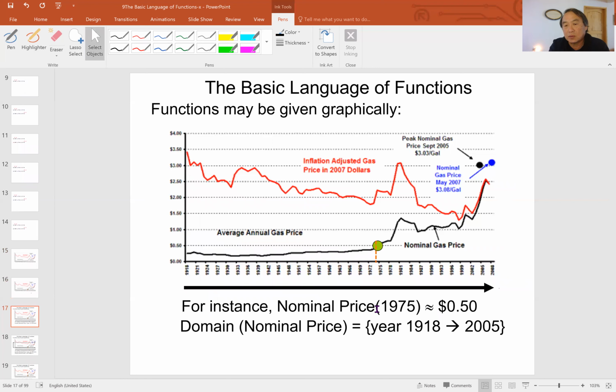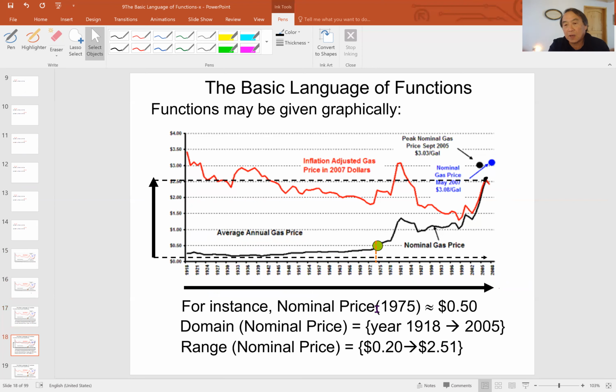So the domain is the years listed on here, and the range will be roughly from the bottom to the top, with the black lines trapped in between. This is a function represented graphically.